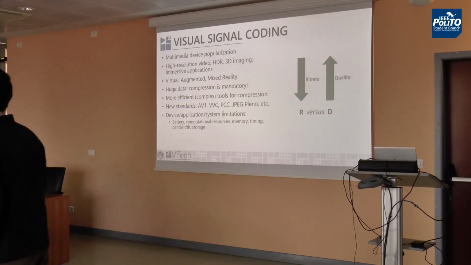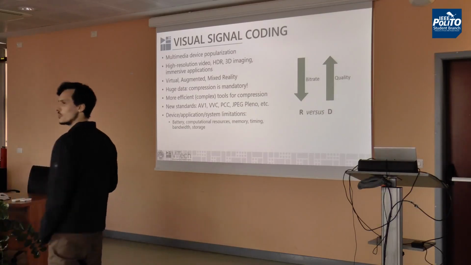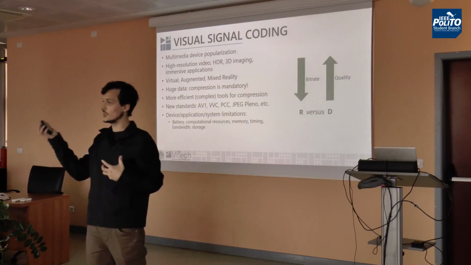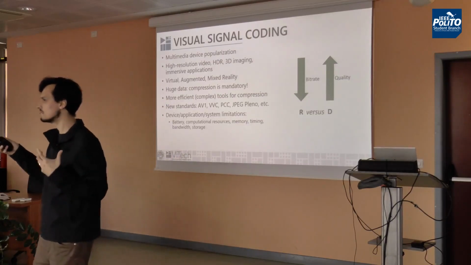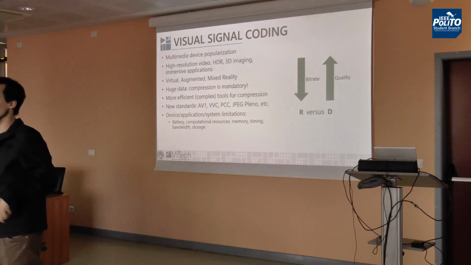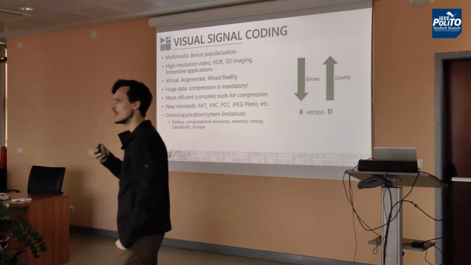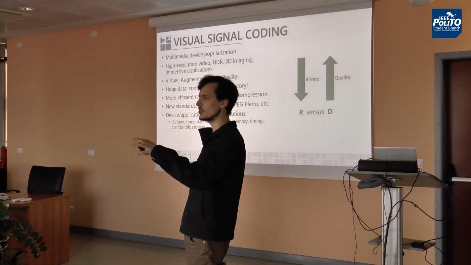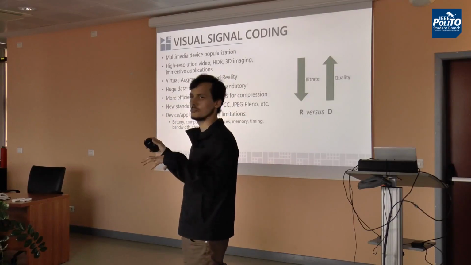But you still need to do some sort of compression. So how you deal with the rate, the R, and the distortion, how you are destroying your signal at some level, this is what people developing the standards are mostly looking at: R-D.